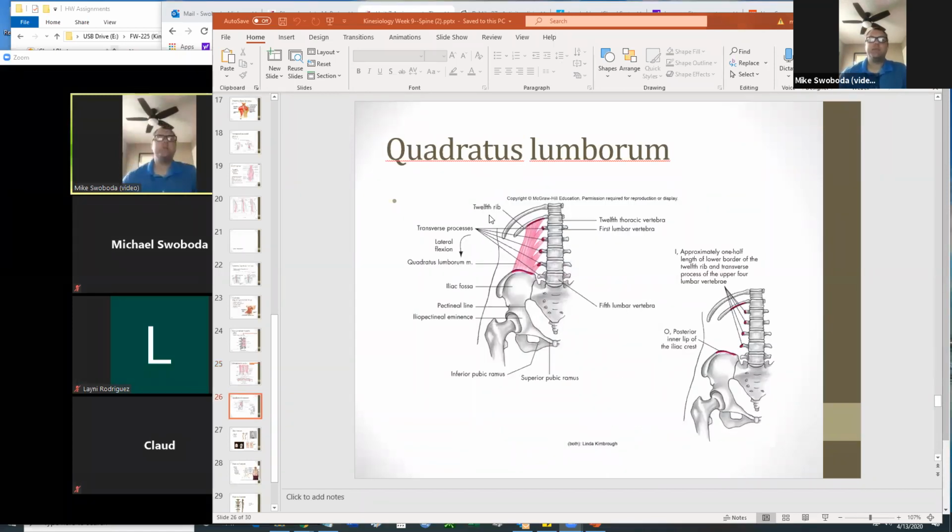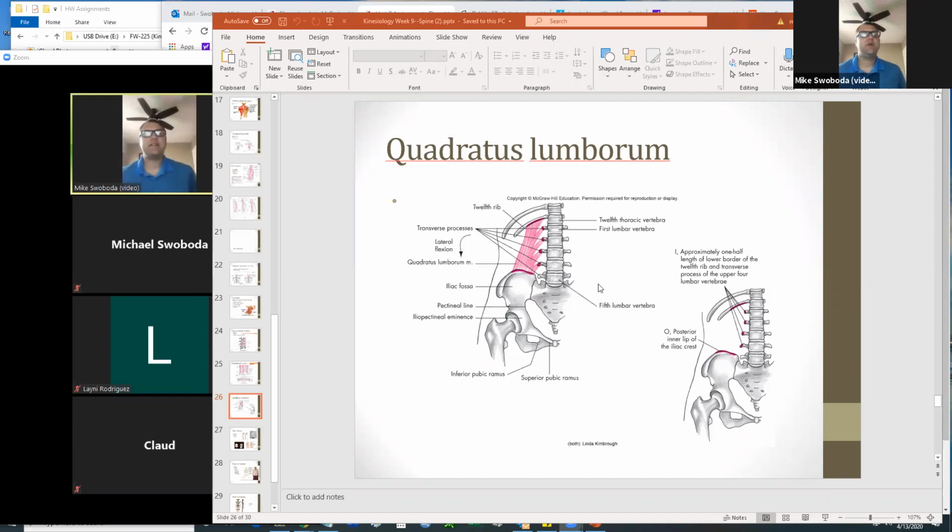Your quadratus lumborum, we've talked about this before, but this is your deep lower back muscle here that's your primary mover. This goes from T12 to your posterior superior iliac spine. And all this is really doing is assisting with lateral flexion, especially for the lumbar spine.